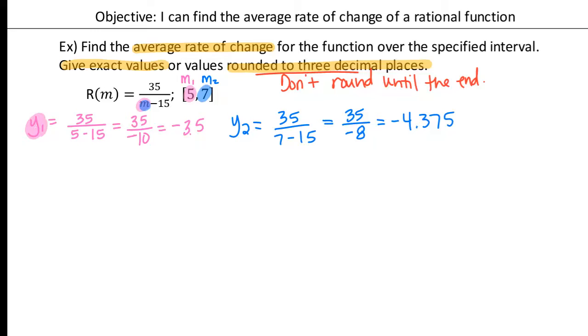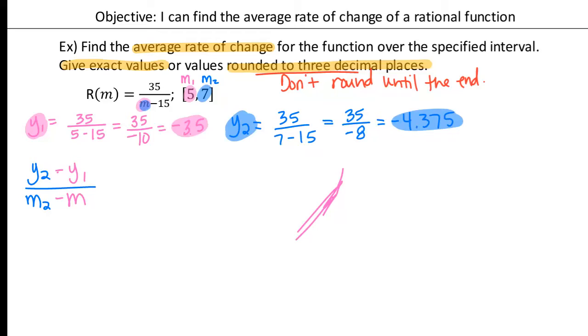All right. So now I got my y1 value is negative 3.5, and y2 is this negative 4.375, and I got the m1 and the m2. So for my formula, I have y2 minus y1 over m2 minus m1.